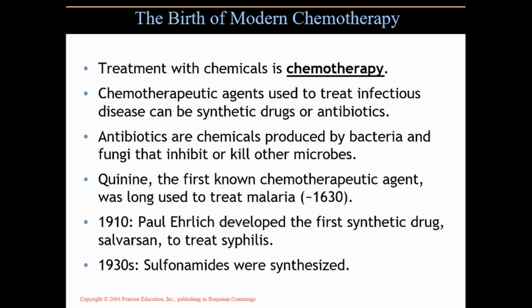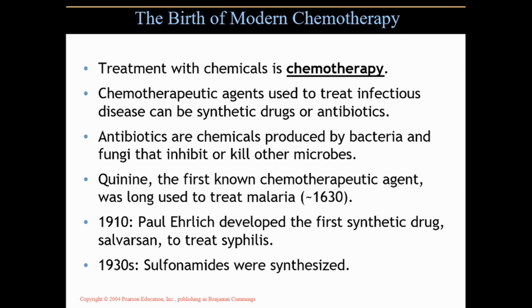Antibiotics are chemicals produced by bacteria and fungi that inhibit or kill other microbes, and so we can use them to our advantage to kill bacteria. Quinine, the first chemotherapeutic agent, was long used to treat malaria around the 1630s, in South America.